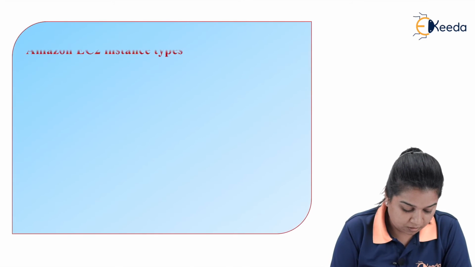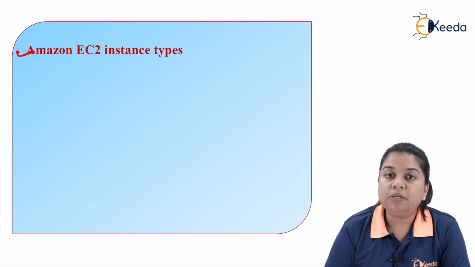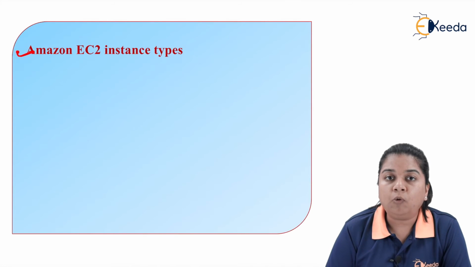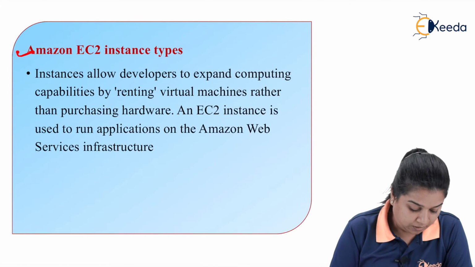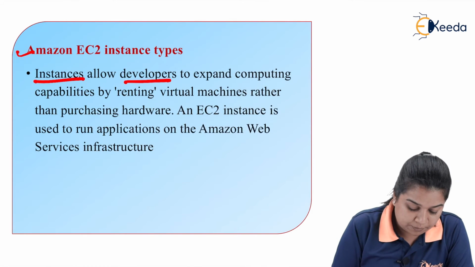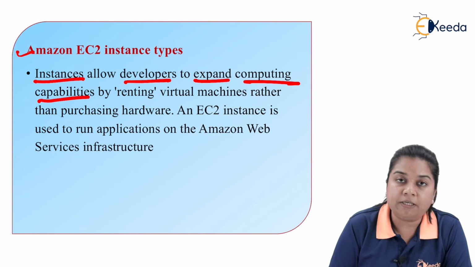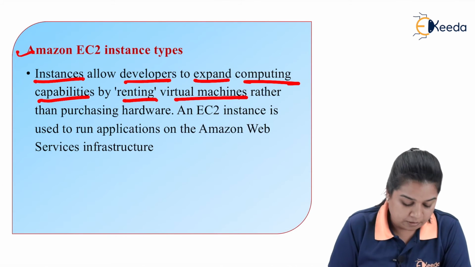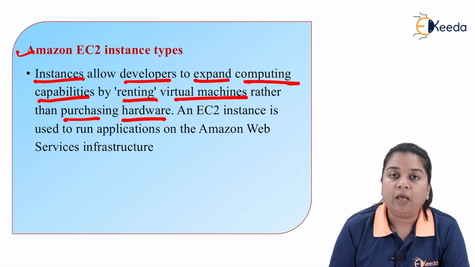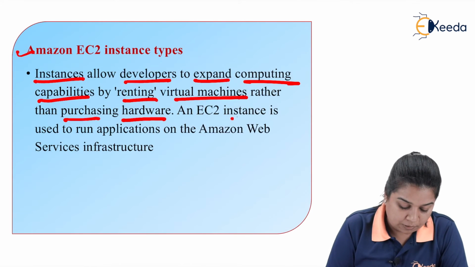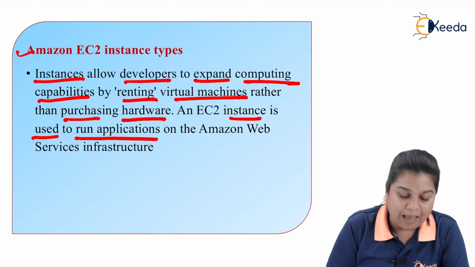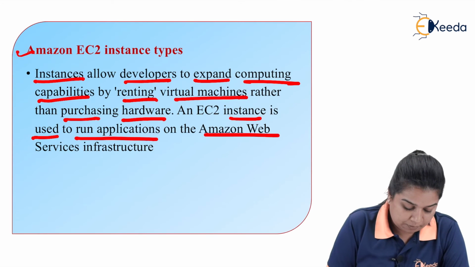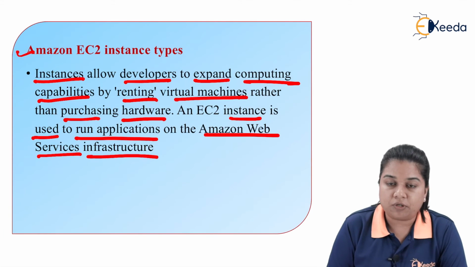Amazon EC2 instance types. Now, how many types of instances are there in Elastic Compute Cloud? Instances allow developers to expand computing capabilities by renting virtual machines rather than purchasing hardware. An Elastic Compute Cloud instance is used to run applications on the Amazon Web Services infrastructure.